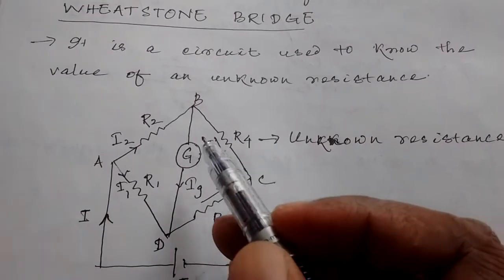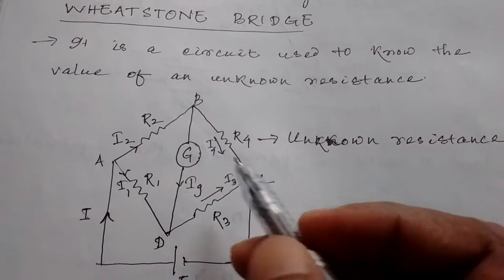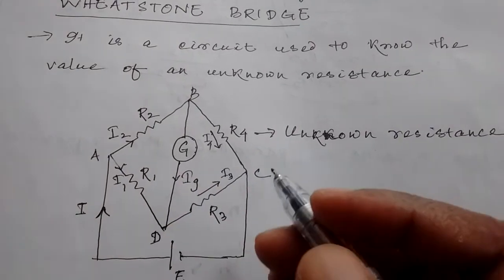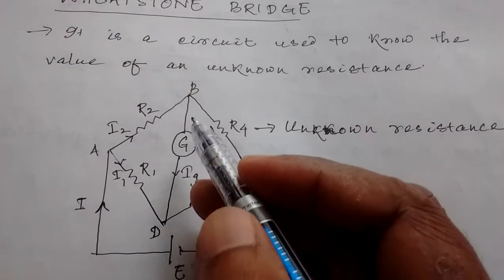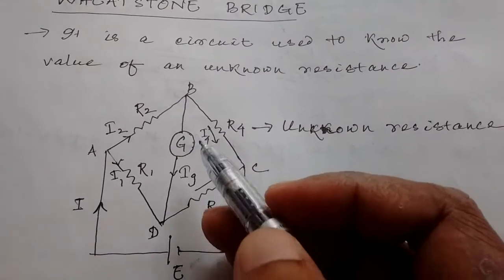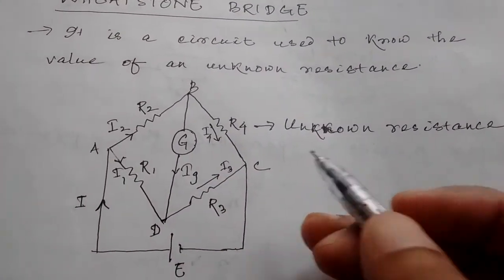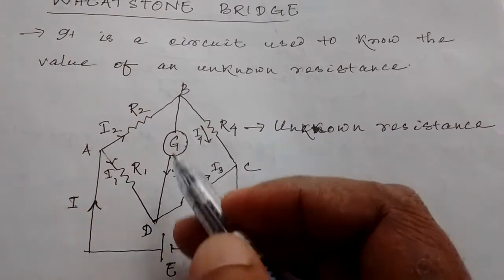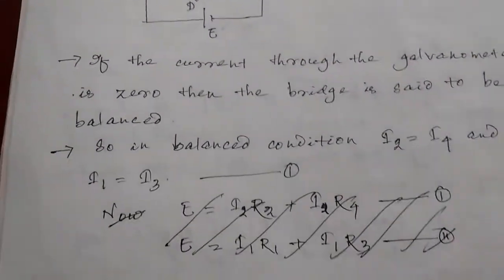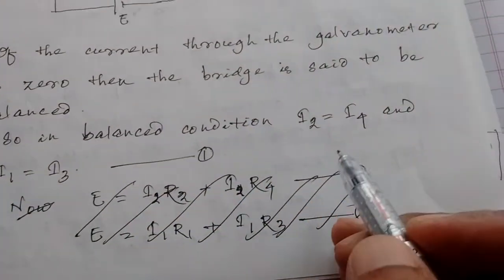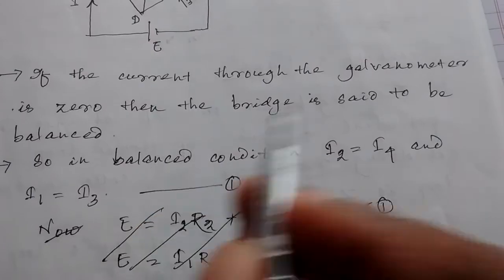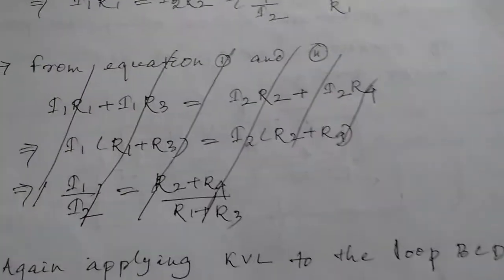The bridge is said to be balanced if the current through the galvanometer is 0, that is Ig is equal to 0. If no current is going through it, that means I2 is equal to I4 and I1 is equal to I3. Simple funda. This is called the balanced condition.